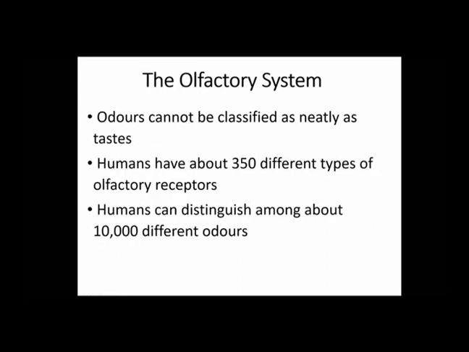Now, we've kind of hinted at this already, where we talked about having multiple olfactory receptors, and it makes sense because odors don't classify as neatly or as cleanly as what we were seeing with our taste buds. Our taste receptors fell into those 5 categories, but we have about 350 or more different kinds of scent receptors.